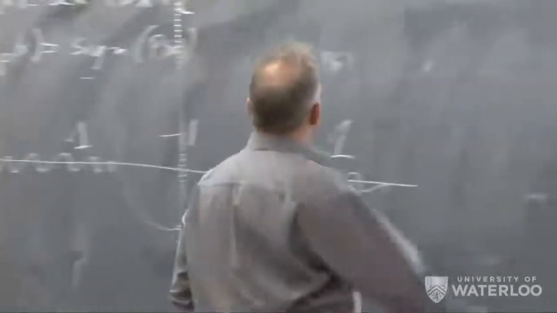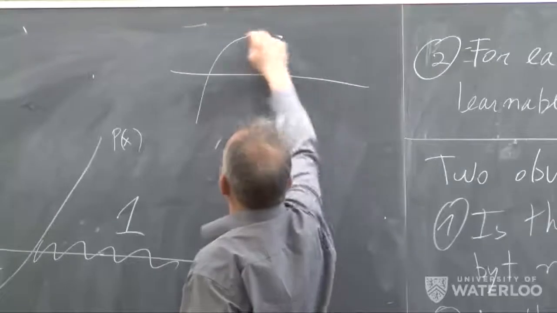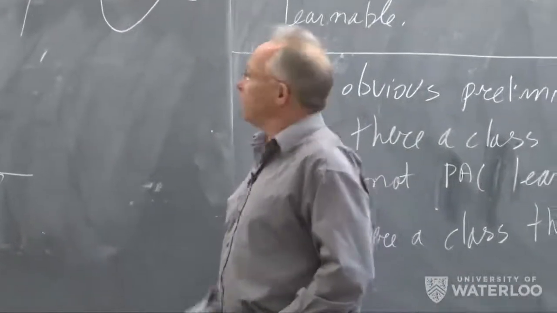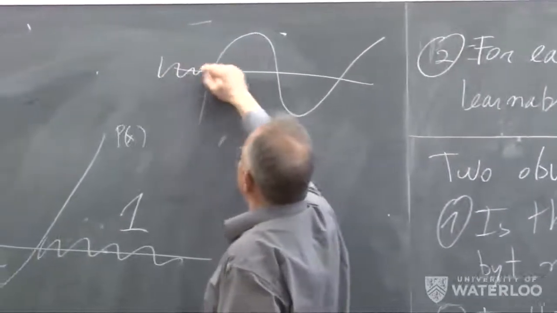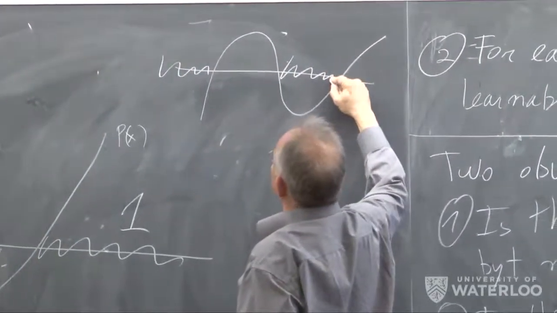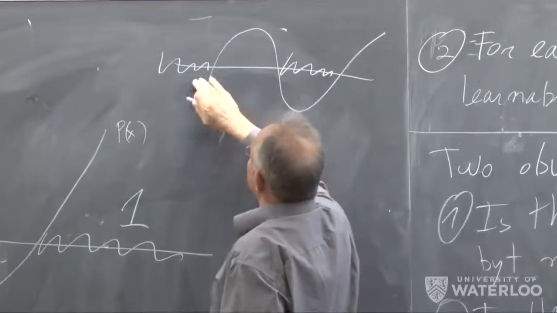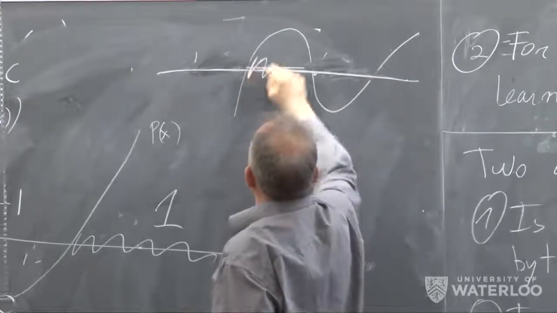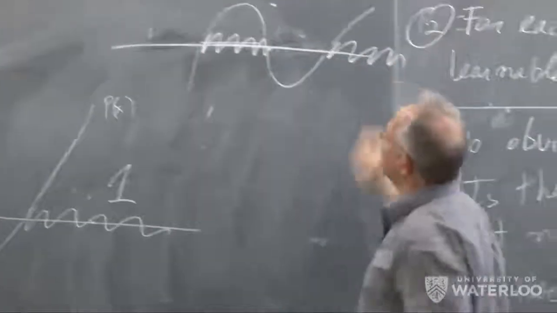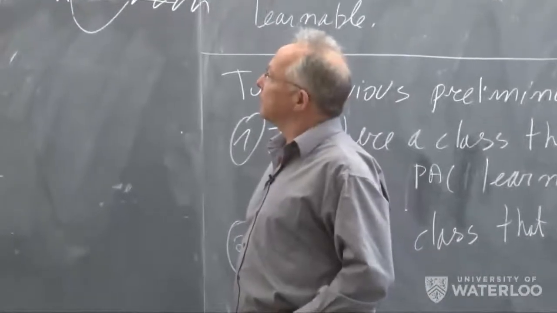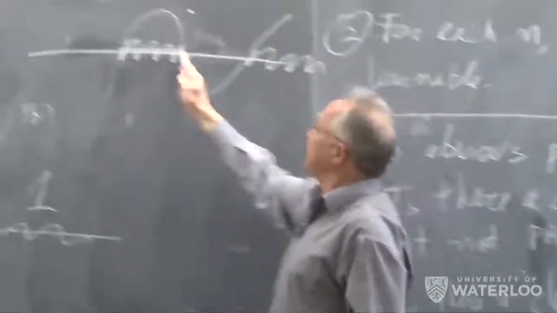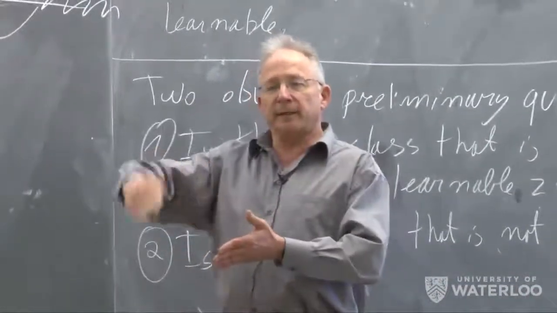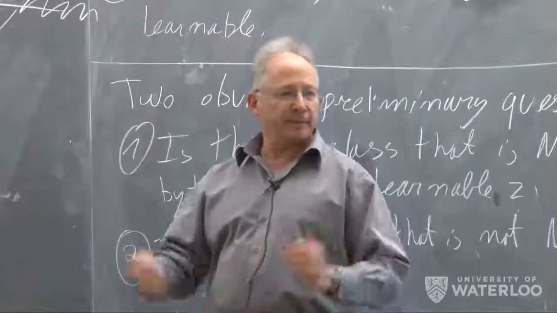If I take functions of degree 3 and take their sign, then I'm just going to have something like it is plus here, and it is plus here and here. So it's a combination of an interval plus a threshold. And as I increase the degree, I will get more and more complex sets.